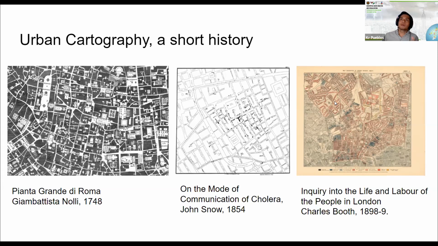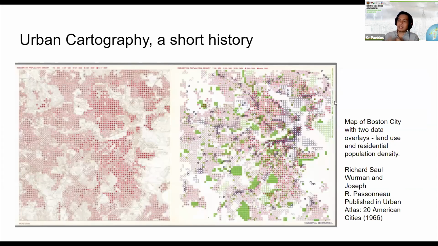And so from those maps, we sort of co-opted it as landscape architects and planners. We looked at maps and said, hey, this could really help us. What if we put data and overlay it across maps, overlay it across spatial conditions, so we know what we're dealing with.